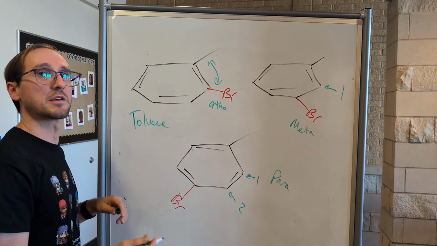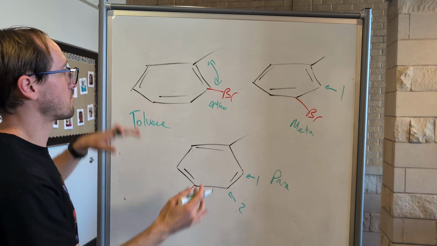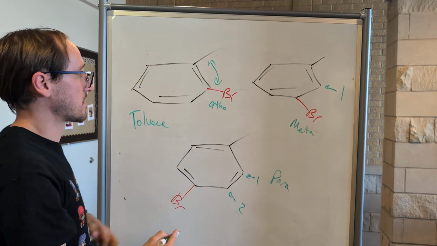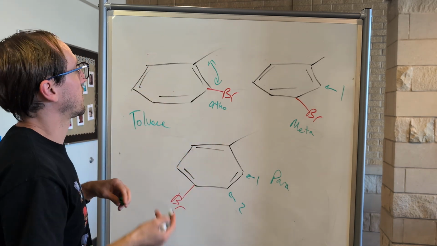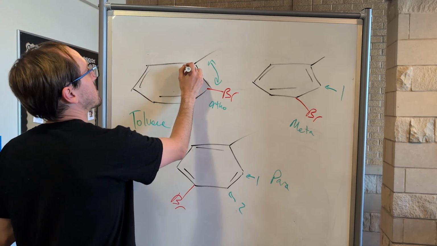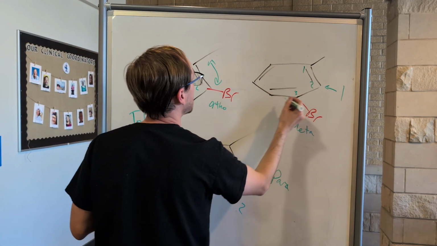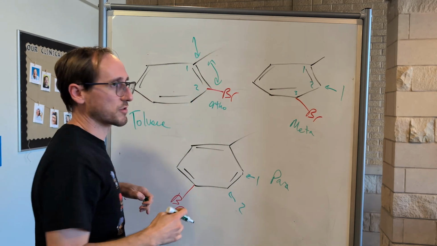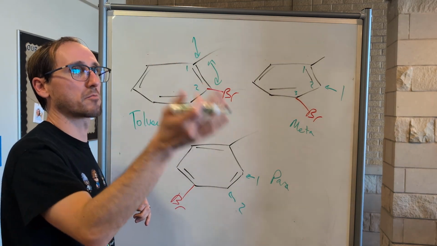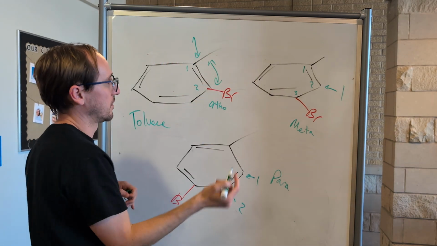And so the idea is, can you identify what the main structure is? And then your idea behind it is it's 1, 2, or 1, 2, 3, because you're using the main structure as your number 1. Okay.